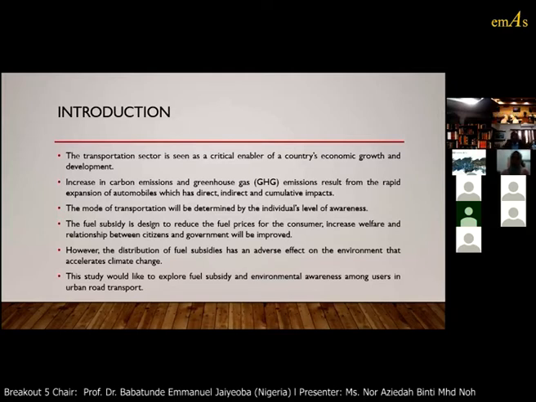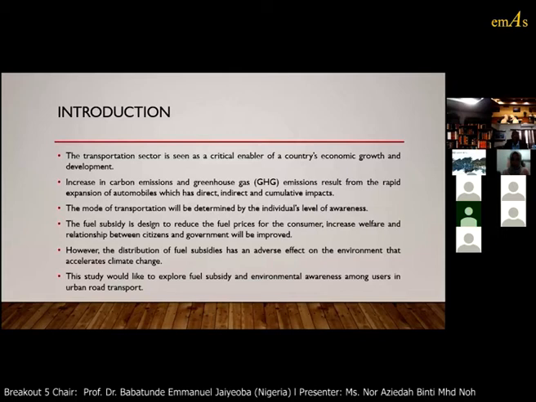Even though we say that fuel subsidy gives benefits, we can see that it actually has an adverse impact on the environment, which accelerates climate change. Because there will be overconsumption of fuel since the price is much lower, and also there will be barriers for people to invest more in environmentally friendly energy.